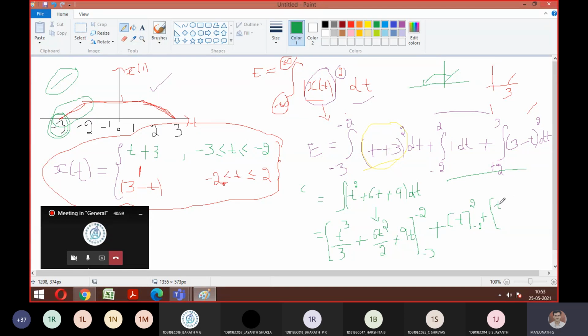So is it t cube divided by 3 minus 6t square by 2 plus 9t? Is it okay? So after applying limit and applying these things, what is the final answer you got, guys?